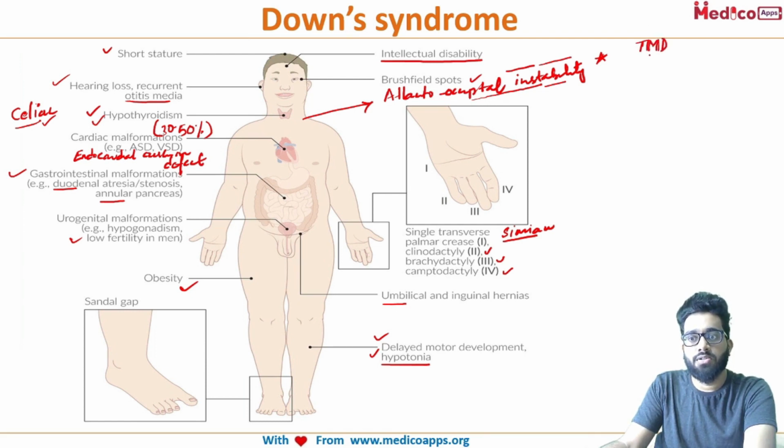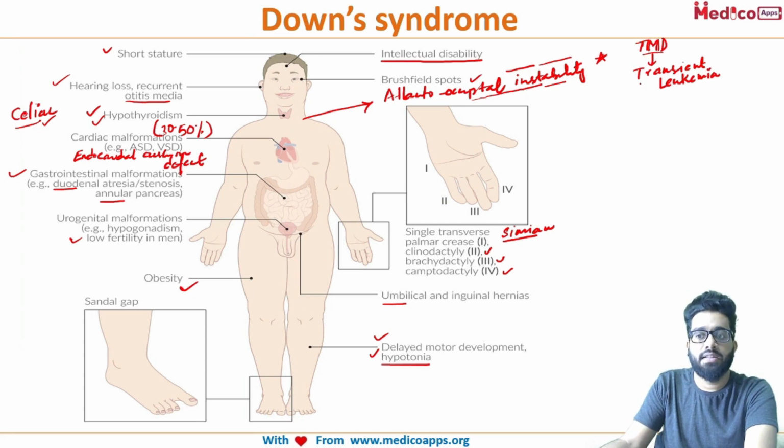This is also called a transient leukemia. But it usually resolves by itself, but in some rare conditions this can progress into leukemia, that is ALL.